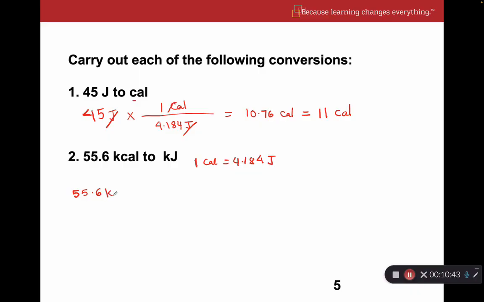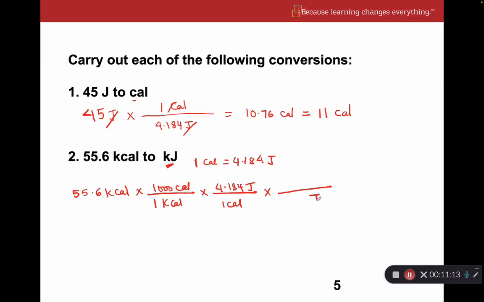So 55.6 kilocalorie, I can convert using 1 kilocalorie is equal to 1000 calorie. This is the metric unit. And then 1 calorie is 4.184 joule. Now the question is asking for kilojoule, so I cannot end up here. I have to go for one more conversion.